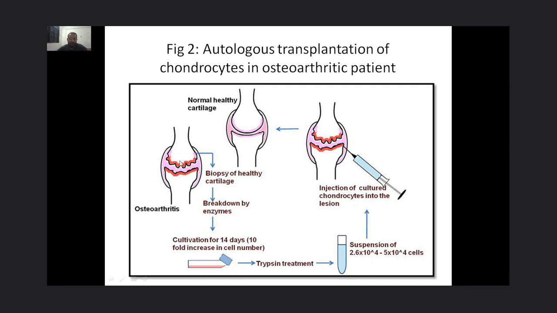So this deteriorated part is completely replaced with the healthy one, and that will be the new cartilage. Around 200,000 patients undergo this kind of treatment every year.